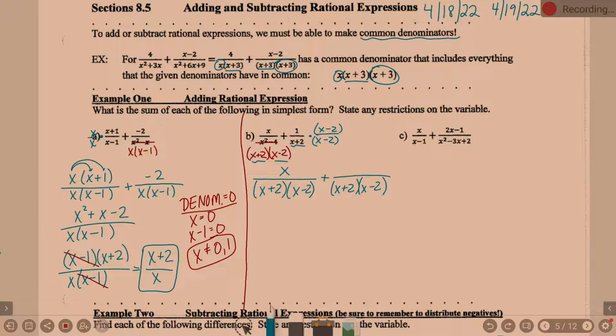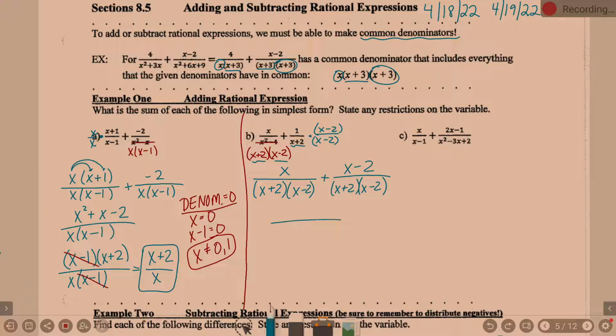On top there's already a 1, and I'm multiplying by x minus 2. What is 1 times x minus 2? 1 times anything is that other thing, right? So 1 times x minus 2 is just x minus 2. Okay. We have a common denominator now, yes? So I'm ready to add these fractions.